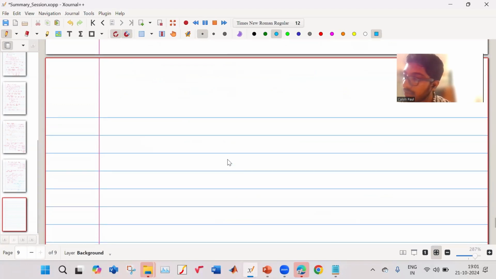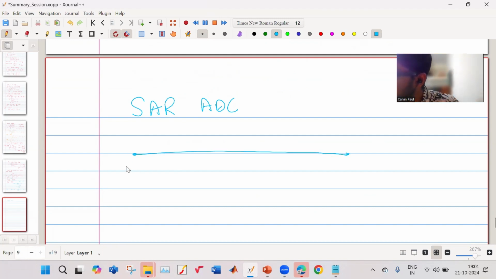Next, we have what is known as a successive approximation register, SAR ADC. Basically, ADC is like your digital voltmeter. It is giving you the measured voltage in terms of a digital number. Now in a SAR ADC, let us say we have a range. It can measure within, let us say, 0 to 10 volt.